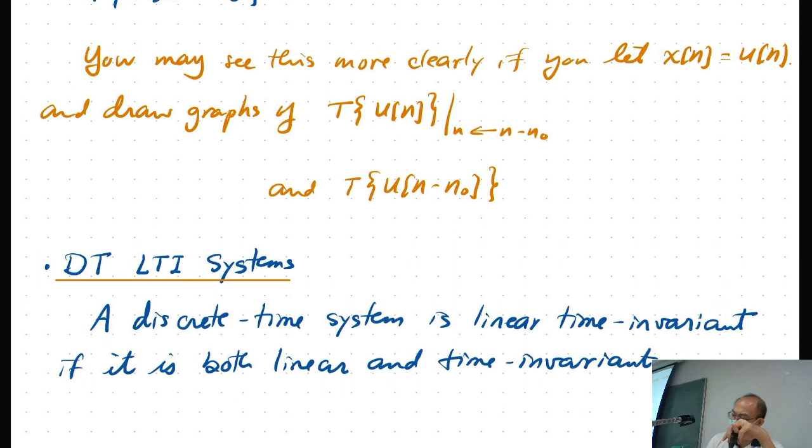It possesses the properties of linear and time invariant at the same time. When that is true, we call the system linear time invariant.